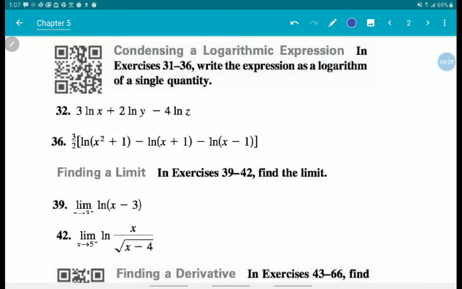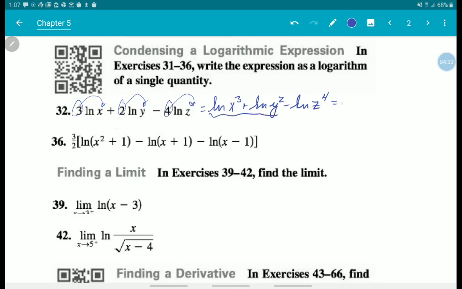We can also talk about condensing, combining things into one log. So this guy is a power, this 2 is a power, and this 4 is a power. So if we were to rewrite this, we have the ln of x cubed plus the ln of y squared minus the ln of z to the 4th. So now we have a product.